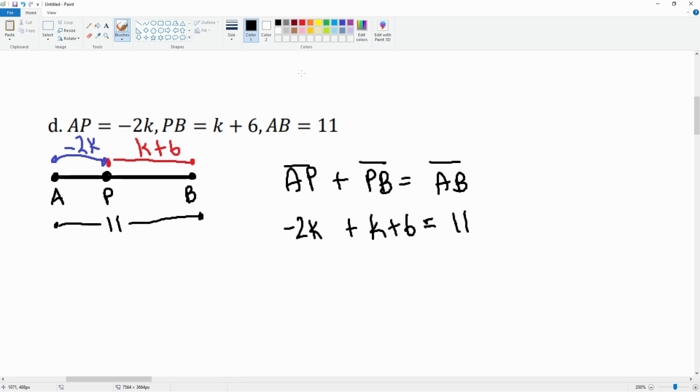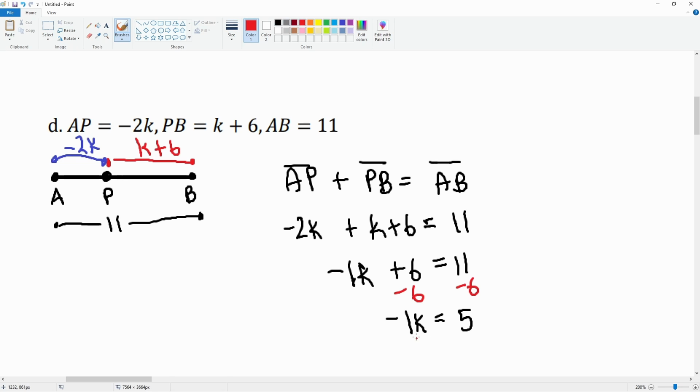Let's combine some like terms. Negative 2k plus k gives us negative 1k plus 6 is equal to 11. We could subtract 6 from both sides, leaving us with negative 1k is equal to 5. Yes, positive 5.